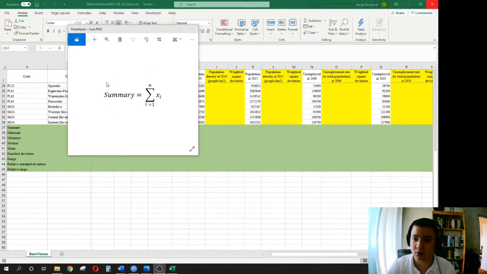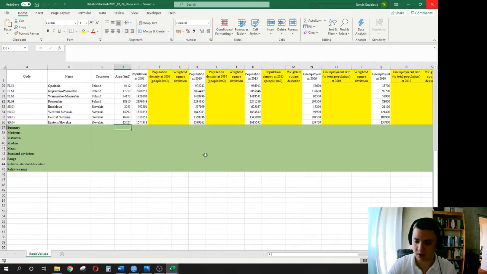So this is the summation marker in the formula. In this case we sum all of the X indicators from 1 to n, which is the number of the subdivisions.